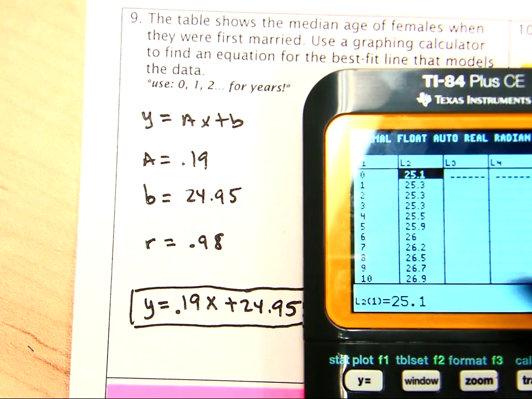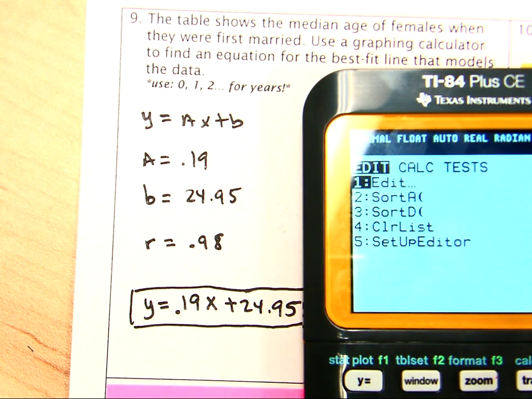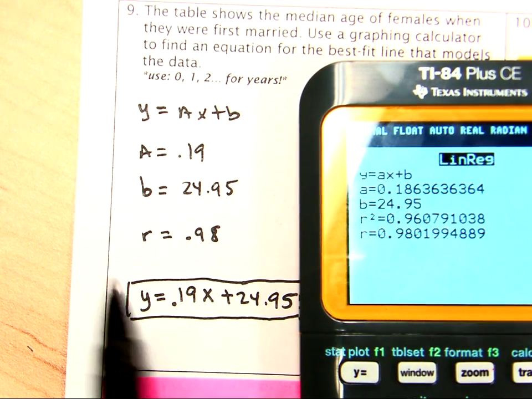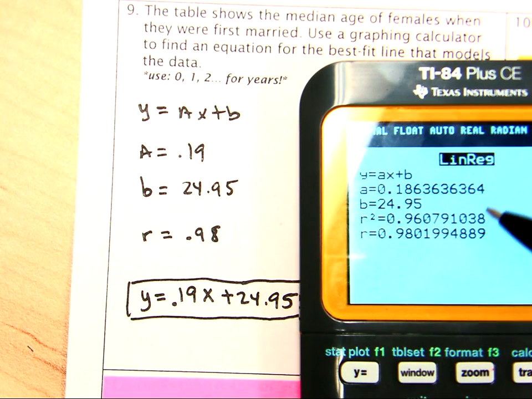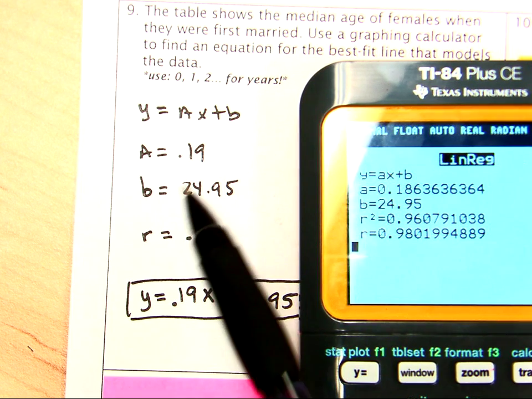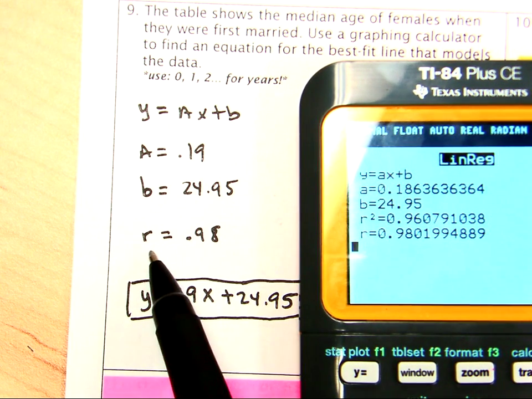It has all the points listed. Then you go stat over 4, enter 5 times. This is where these numbers came from. Remember, you're rounding to the 100th place, which is the second decimal point, which is why this went up to 19.